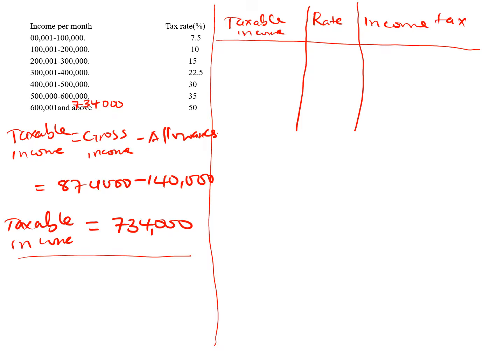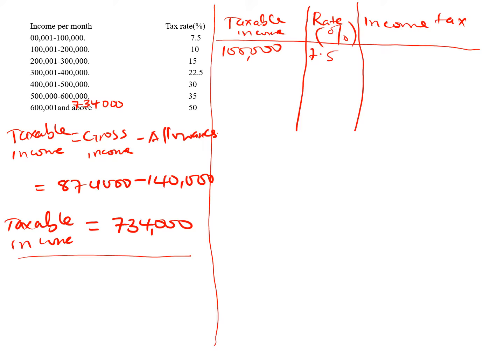First of all, here the rate is in percentage. First of all, you see 100,000 minus 0. Please, this one is a place value holder. Always ignore it when it comes to subtraction. It means that 100,000 minus 0, I'll get 100,000 first. And the rate is 7.5.